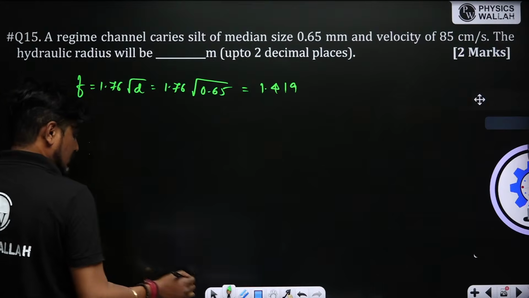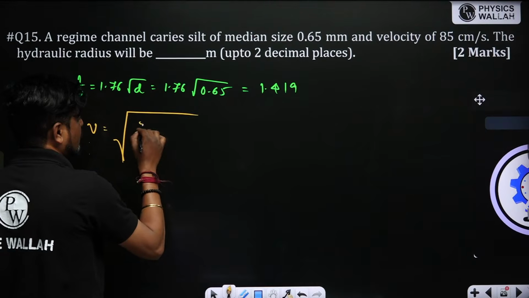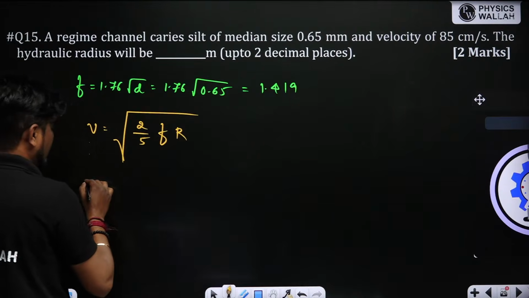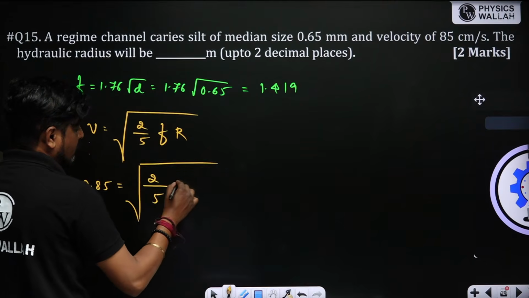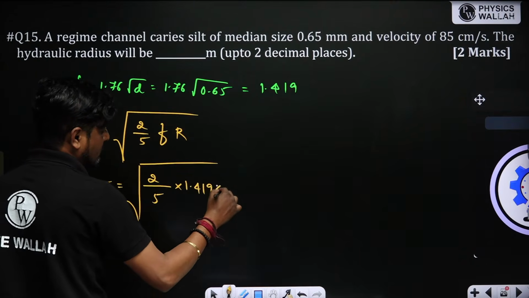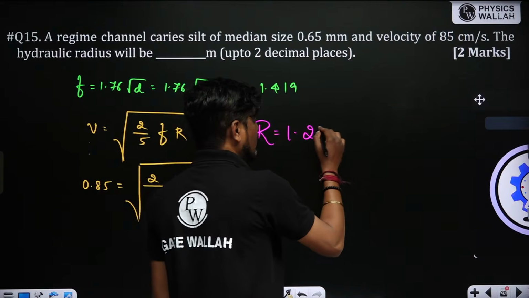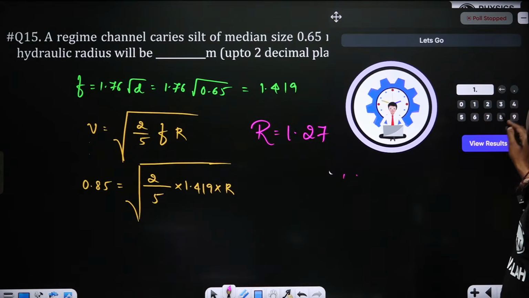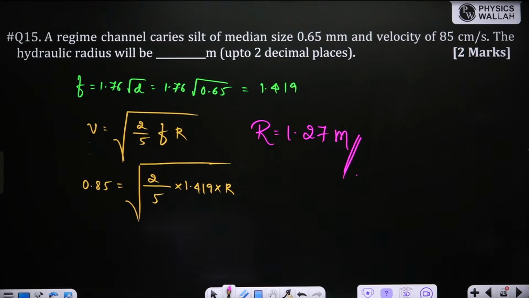Then you are supposed to find out V, you know the formula, V is equal to square root of 2 by 5 F into R. V value is 0.85 meter per second, so 2 by 5 into F 1.419 into R. Solve this, R value you will get as 1.27 meter. Yes, 1.27 is correct. So let us go for the next question.